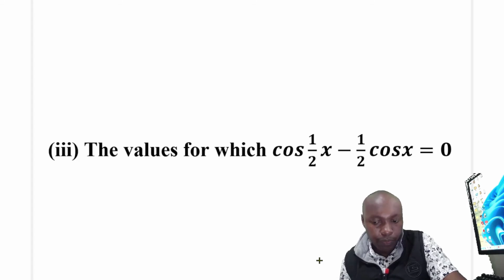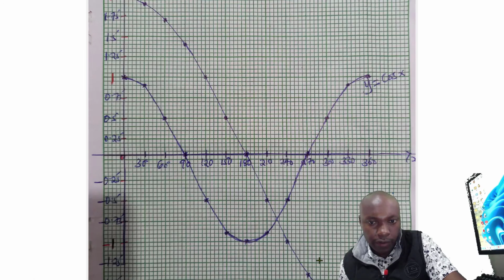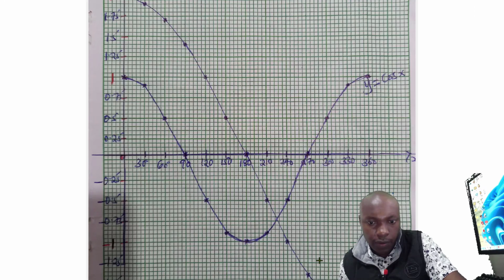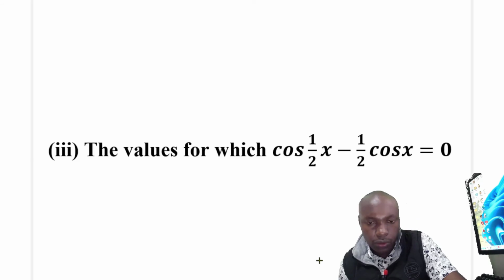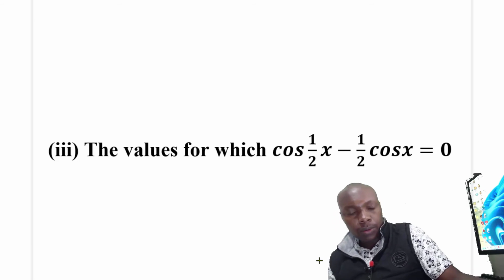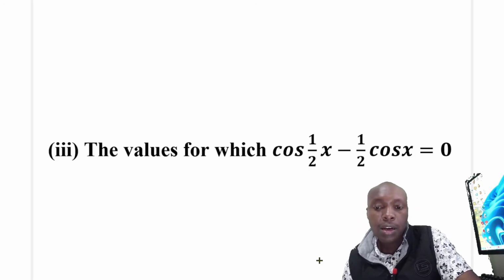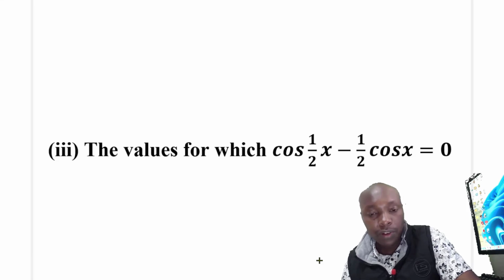The next one is part 3 of the question, the values for which cos half x minus half cos x equals 0. Now when you look at this equation and look at the curve, you notice that this one is giving cos half x. In order to identify the values for which cos half x minus half cos x equals 0, you need to do some working here.